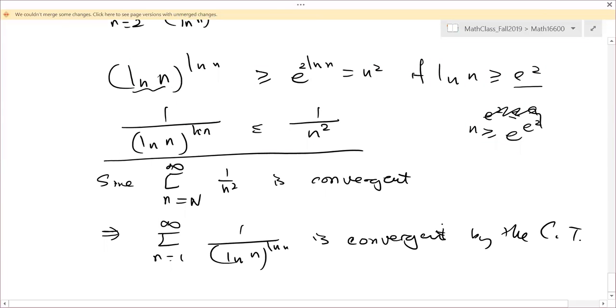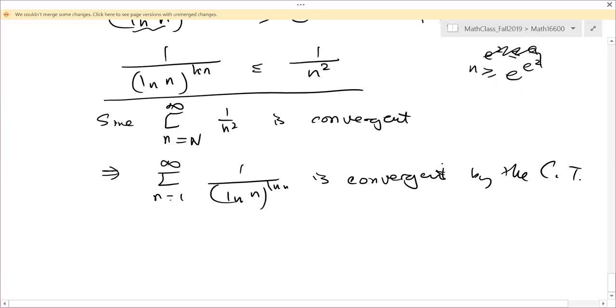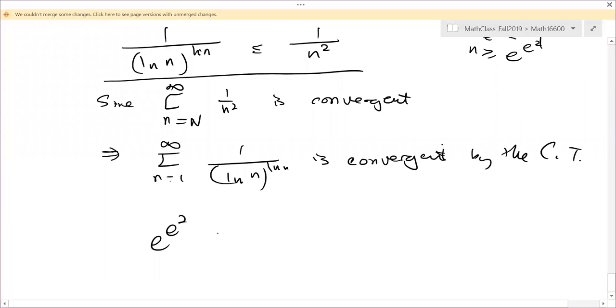Let's get a rough estimate. What is e to the e squared? e to the e squared is less than or equal to 3 to the 9th power, since e is less than 3 and 3 squared is 9. I don't know, it's a very large number, 3 to the 9th power.